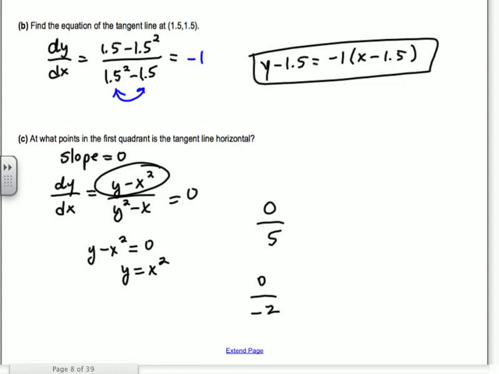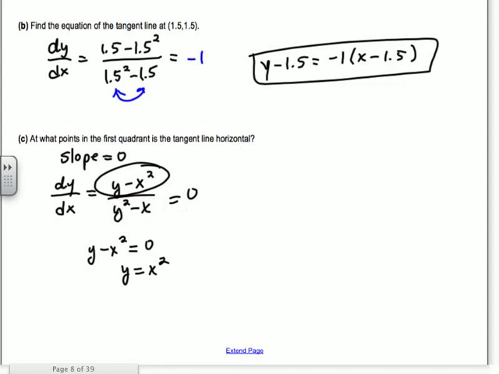The denominator's not what's making it 0. A lot of you guys in Algebra 2 thought of multiplying this over and it would just go away. You can think of it like that, but really you want to keep that denominator because sometimes what makes the numerator 0 will make the denominator 0 as well. So that won't actually make 0. 0 over 0 is not 0. So you need to check that at the end anyway.